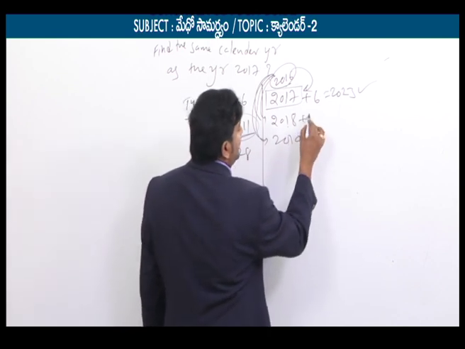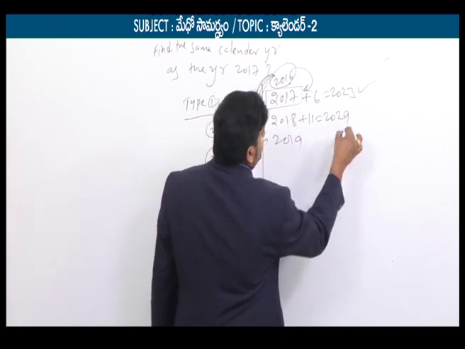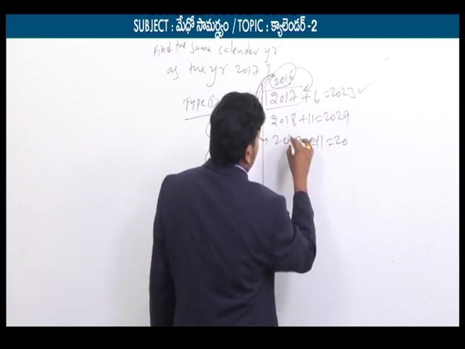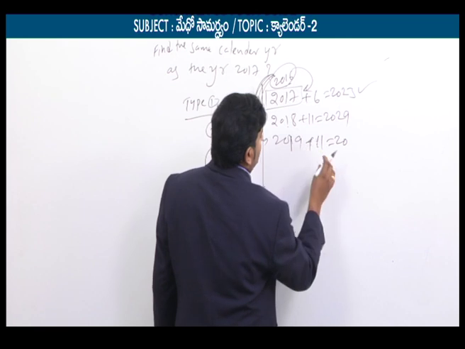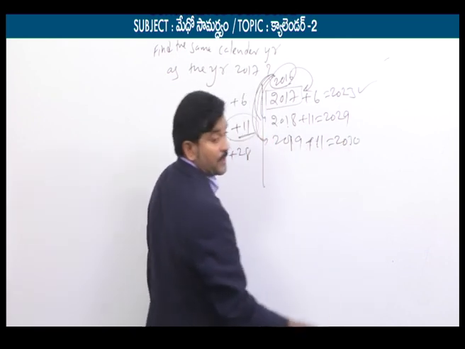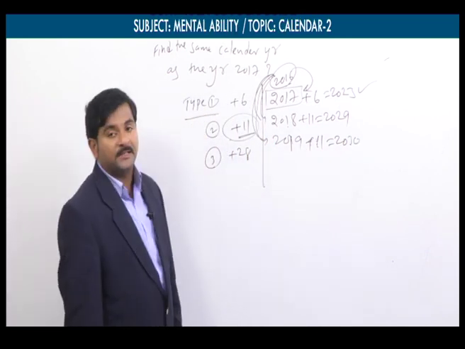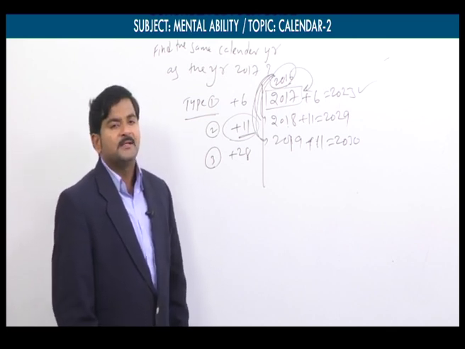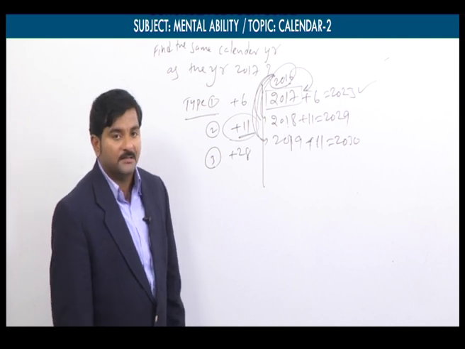So 2018 plus 11, 2029, 2019 plus 11. So what does it mean? 2029 and 2030. These 2 years are having same calendar years. Okay.